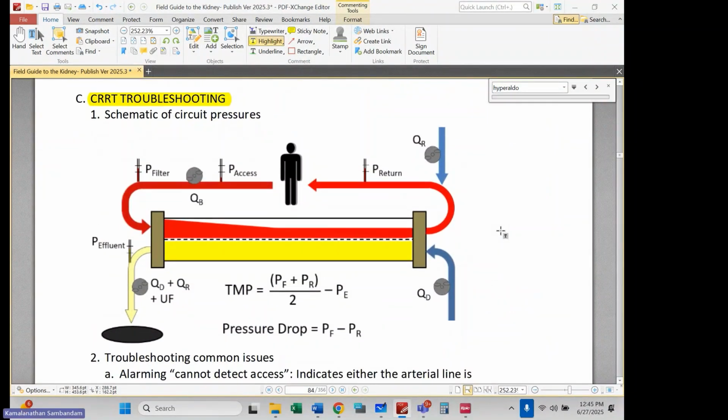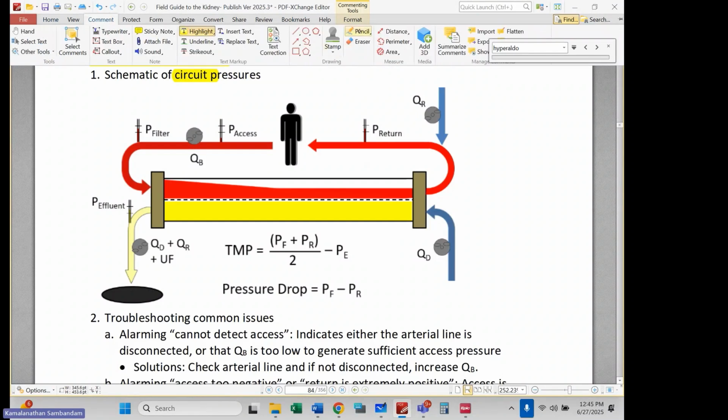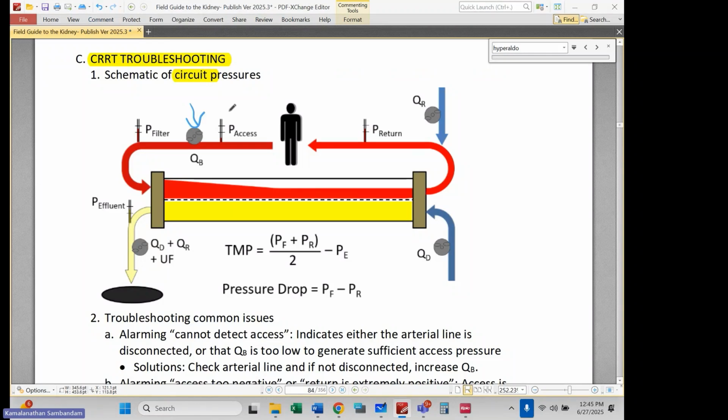Okay, know your circuit and where these transducers are measuring flow pressures. Sophie and I went through this in recent discussions. So here's my blood pump, right? My access pressure is typically a negative pressure because it's upstream of my blood pump.